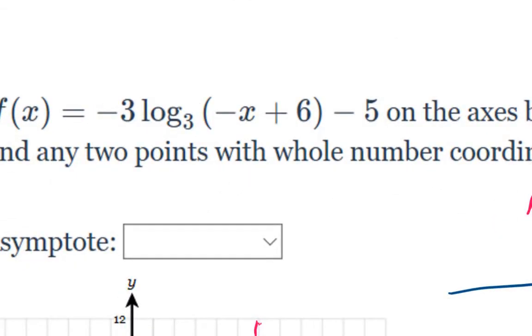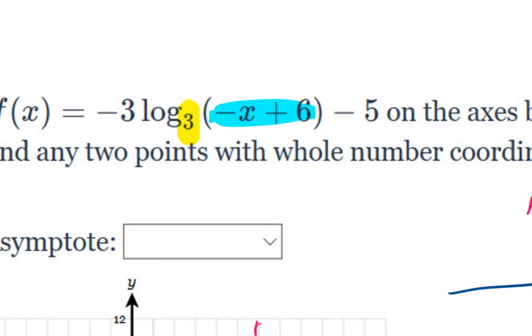You see how this is log base 3, right? So whatever is inside this parenthesis has to be a power of 3. We want it to be a power of 3 because then we're going to have whole numbers.